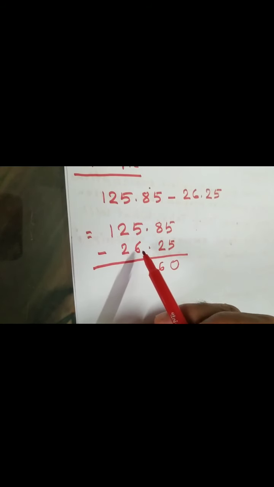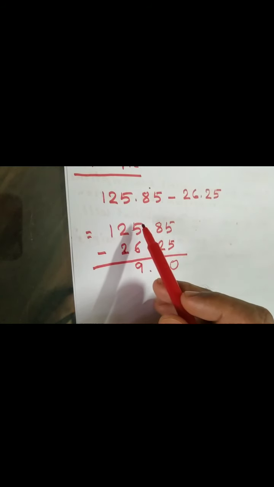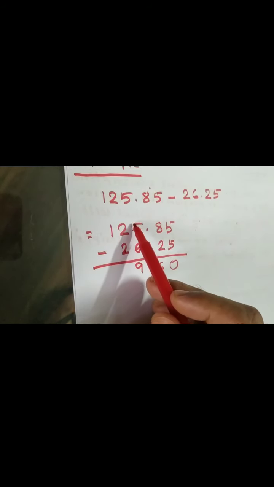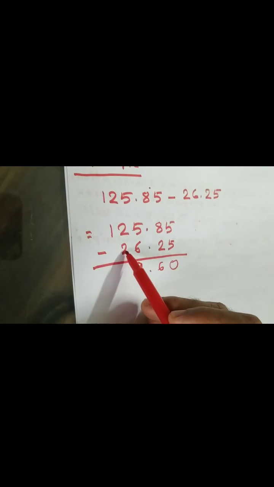So 15 minus 6, how much does it give me? 9. I will take it over here. I have increased this 5 by 1 and I have placed 1 beside it. So I have to increase this 2 by how much? By 1. So this becomes 3.